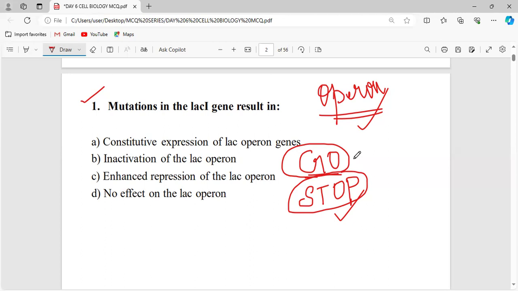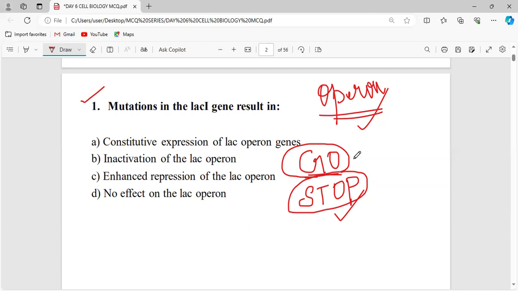In the case of inducible genes, an example is the lac operon. Whenever the substrate is present in the medium, the operon will start. Whenever the inducer is present, it will be induced. This is why we call them inducible genes. And for repressible genes, we can take the tryptophan operon as an example. Why? Because whenever the tryptophan is present in the medium, the operon will be stopped.